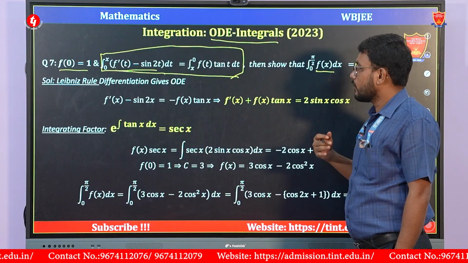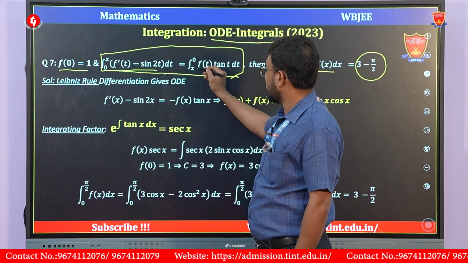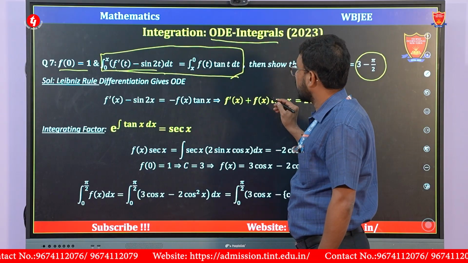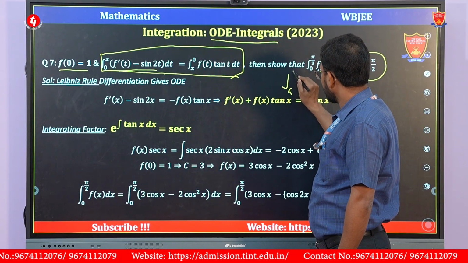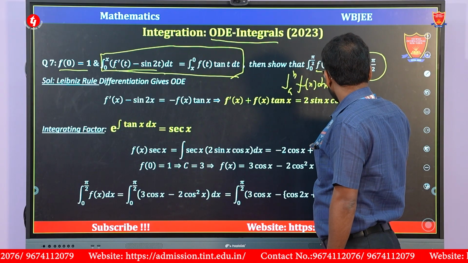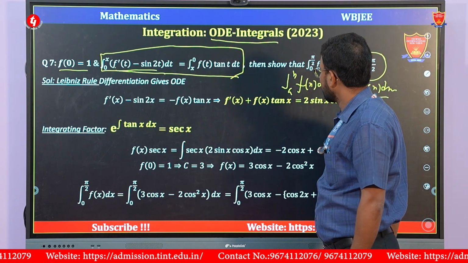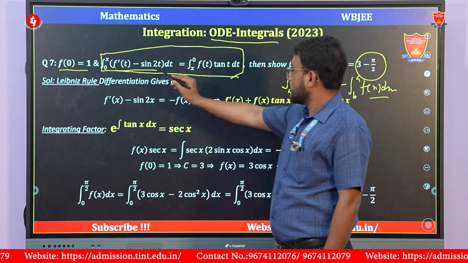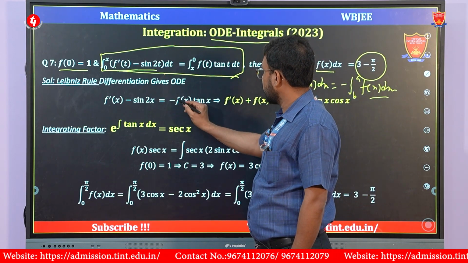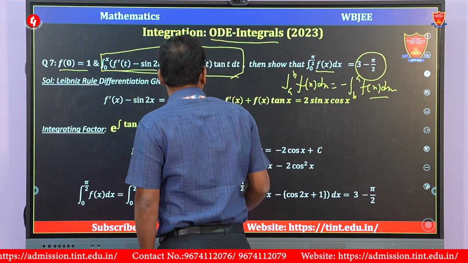So, for symmetry we convert to the same limit. You know that the definite integral from a to b of f of x dx means minus the integral from b to a of f of x dx, by the properties of definite integrals. So here also, x to 0 can be written as 0 to x.